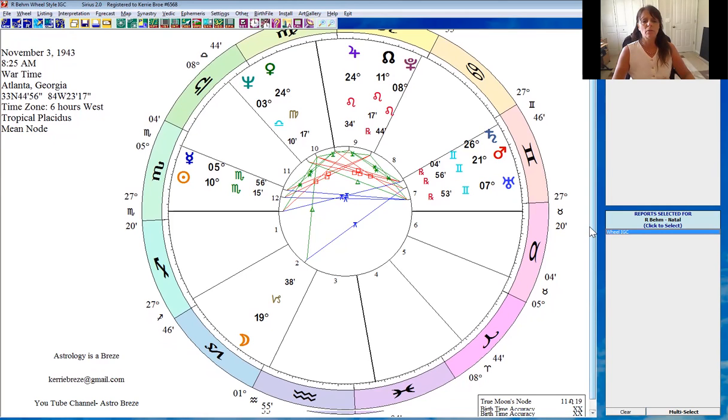And on this chart, this person, except for the moon, has everything above the horizon. This would be a person that would have more about their career and what they do in life than about their family. And interesting that the moon is the only one below. If we remember some of the patterns that we've studied, this one rings out.